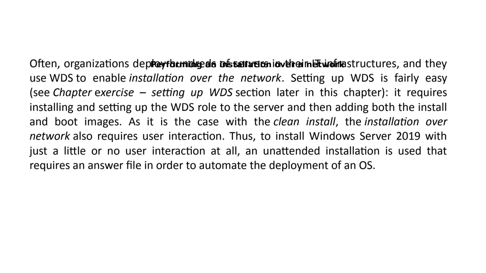But for this to work, you need to have WDS to enable installation over the network. Setting up the WDS is not hard, it's easy. You have to add the WDS role, and then you can install over the network. But your network should be fast, reliable.